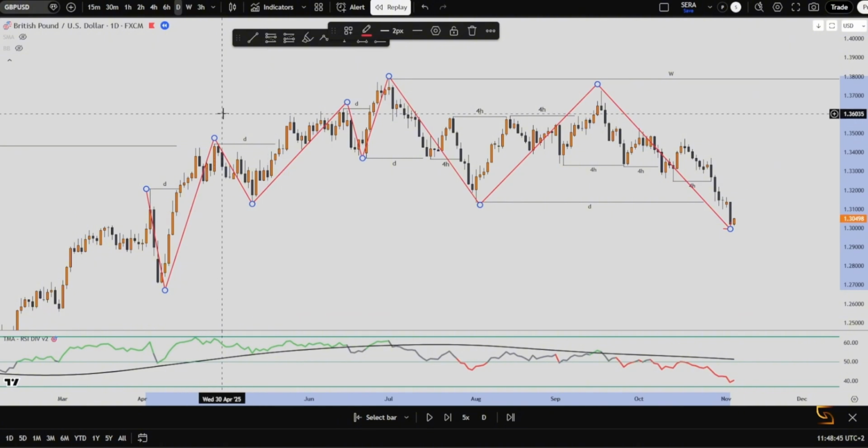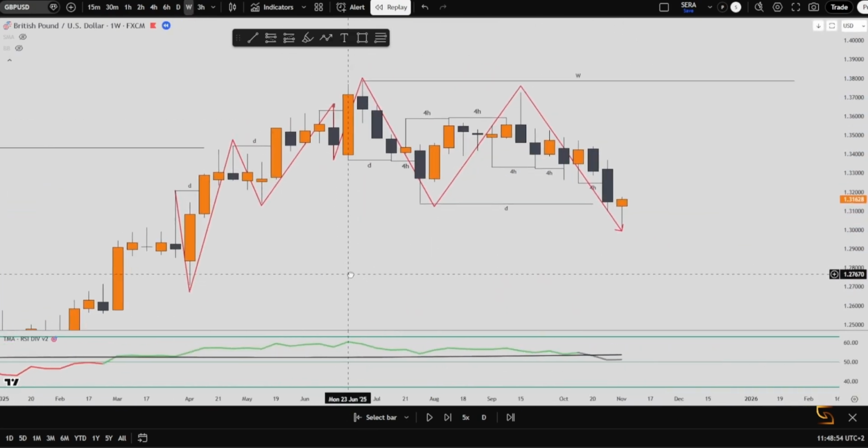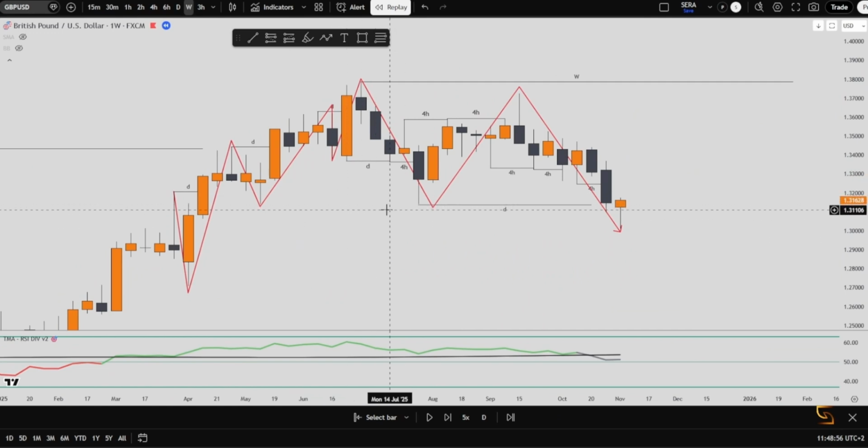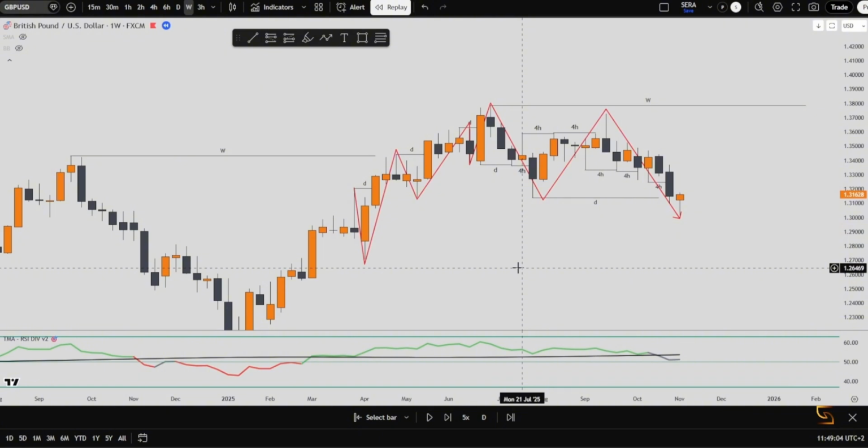However, if we decide to shift our perspective and use a much larger time frame, such as the weekly chart for instance, we can clearly observe that the underlying market structure remains essentially the same, though it is presented with far fewer intricate details. This lack of granularity doesn't really help us to understand the specific nuances of the one-day structure quite as well as we might need.